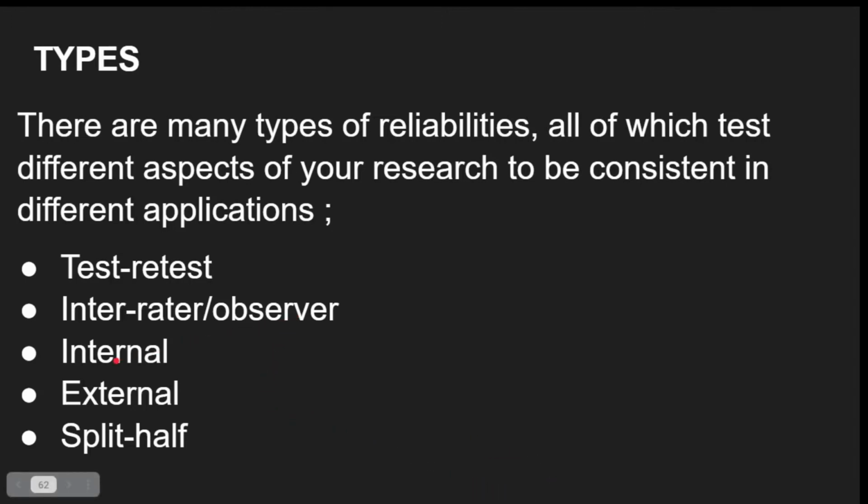So then there's internal, which basically refers to the extent to which a measure or a test is consistent within itself. Now, split half is a type of internal reliability. Again, it's not really part of AS, but it doesn't hurt to know, right? So if you have a test and you divide it in half, so you have a 60-mark paper, you divide it into 30-mark halves, how similar are the scores going to be?